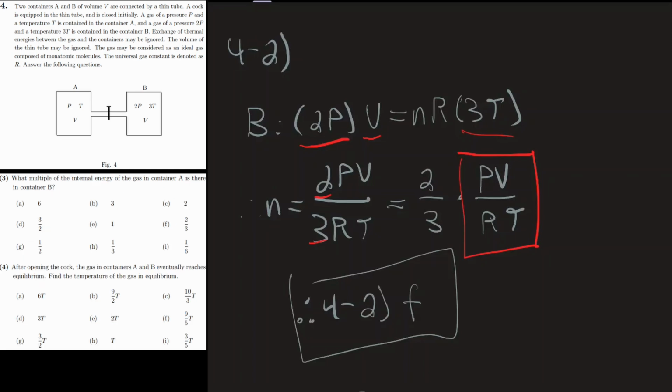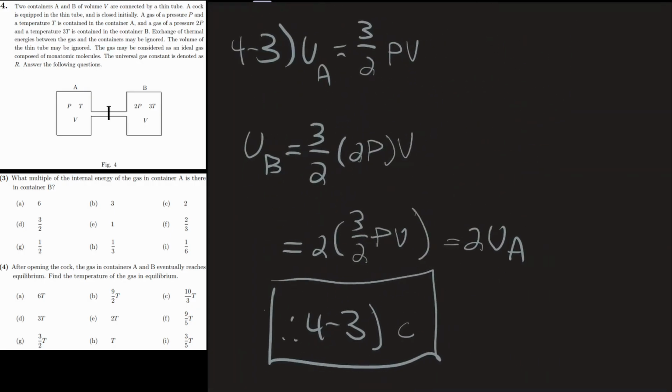Next is part 3, which says what multiple of the internal energy of the gas in container A is there in container B. For this, we'll use the equation for the internal energy of a gas, which is 3 over 2 PV.